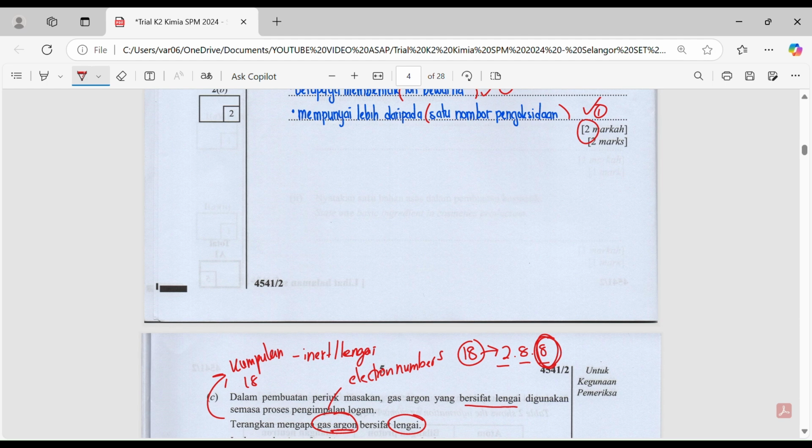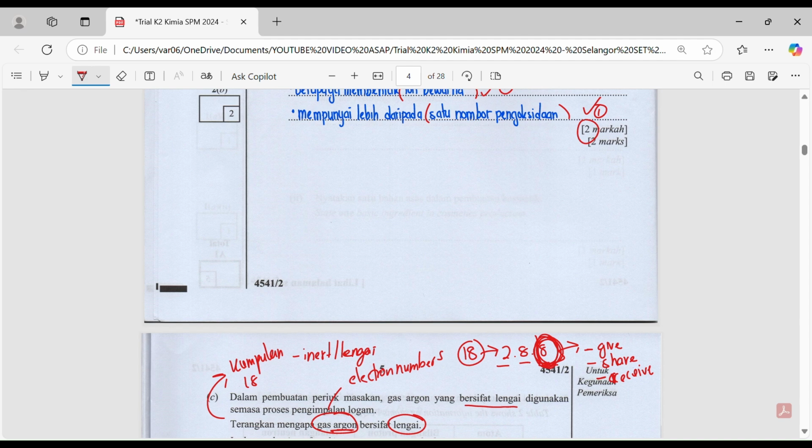It does not require any more electrons. It has 8 already. So since it has 8 already, it will not give away its electron, it will not share its electrons, or it will not accept or receive any more electrons. Why? Because it has already achieved susunan elektron octet yang stabil.